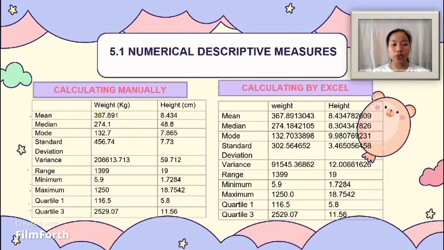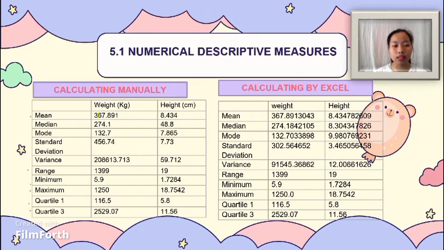Next, we go to the numerical descriptive measures. Let you see this. This is the calculation done manually and the calculation done by Excel. For calculating manually, the mean, range, minimum, maximum, quartile 1 and quartile 3 show the same value as the calculation by Excel. But the median, mode, standard deviation, and variance are not the same.